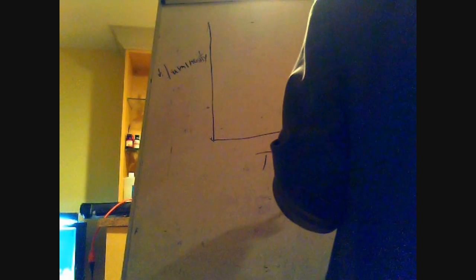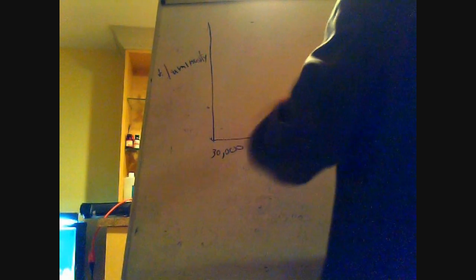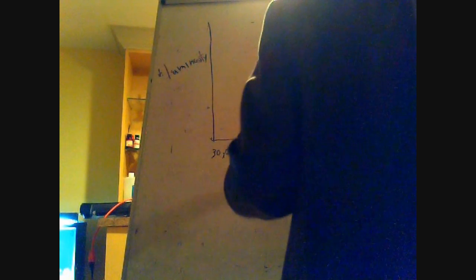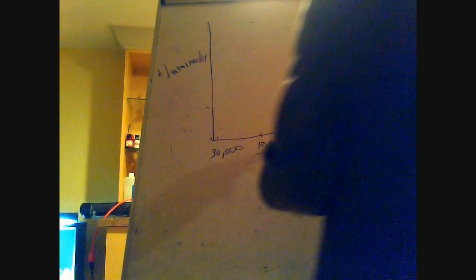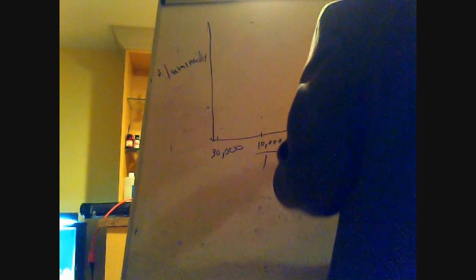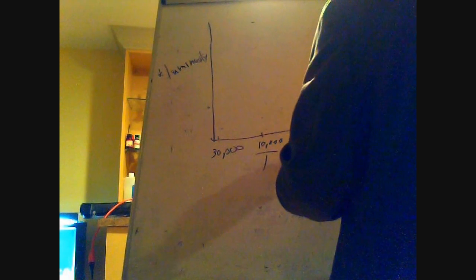So this is the luminosity on the y-axis, and on the x-axis we'll have temperature in Kelvins. This is kind of backwards the way astronomers do it. I usually think of temperature increasing in this direction, but here we're going to be going in decreasing temperature. So this will be like 30,000 over here, then about 10,000 Kelvin, then about 6,000 Kelvin, and another point out here at about 3,000 Kelvin.